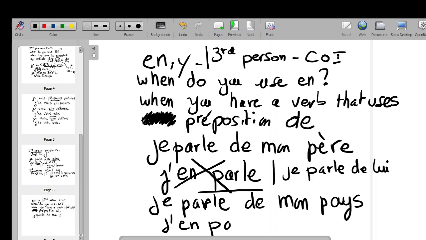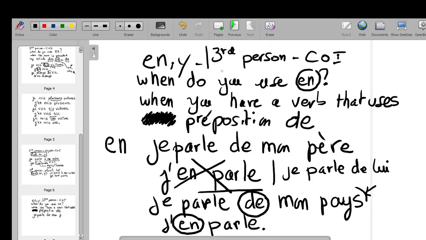There's no other choice. J'en parle. It's because you have that preposition that you have to use this. But remember, this is okay because this is not a person. So if it's a person, don't use en. So that was en.